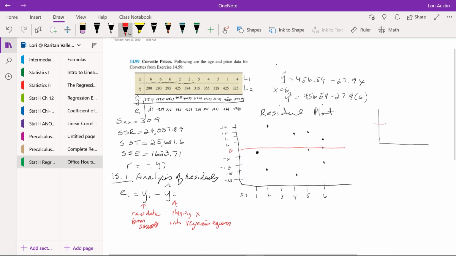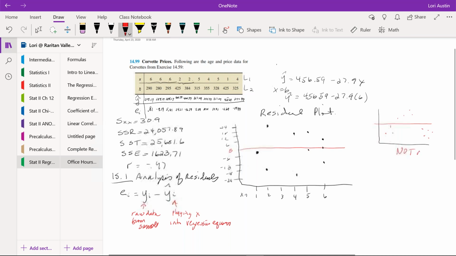Suppose I had one that looked like this. Okay. So do you see the difference? See how in the one we did, there's an equal amount going above and below. But do you see in this one we have below, then we have everything above, and then we have everything below?